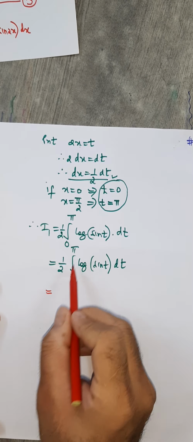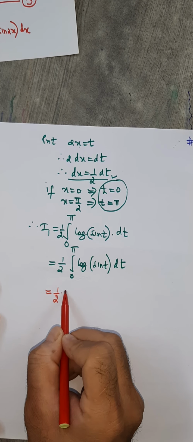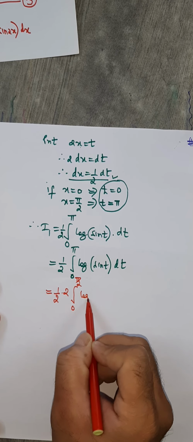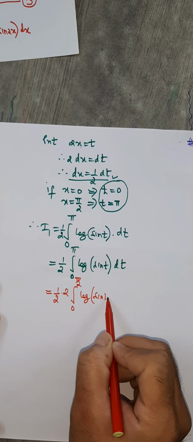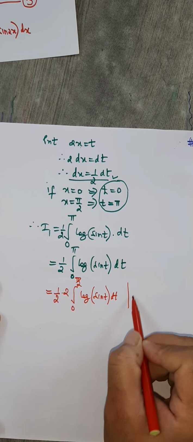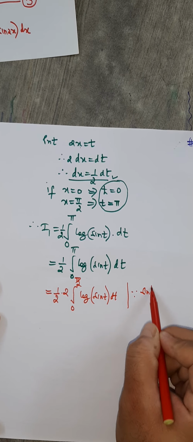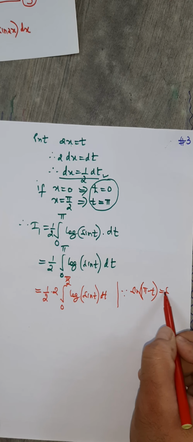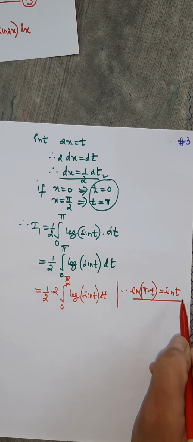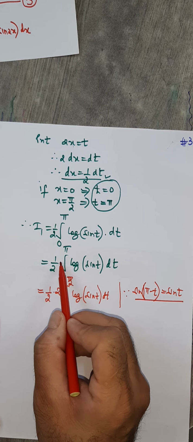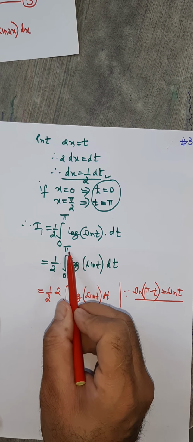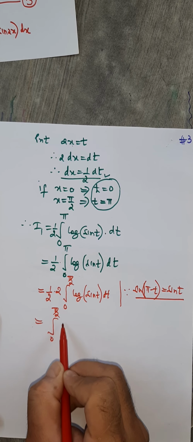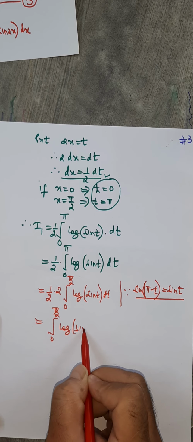We just make it double here, and we do the half limit as we did earlier. So this is here sin t dt. Why this? Because sin pi minus t is sin t, as we did earlier. Right, we have used the same property. Because of this, the integral will be double and limit will be half. So this is 0 to pi by 2 log of sin t dt.